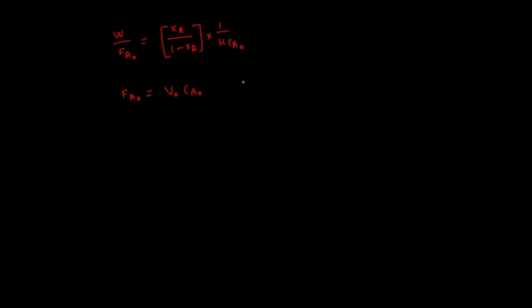The unit of V naught is liter per minute and Ca naught is moles per liter. Cross multiply to get mole per minute.